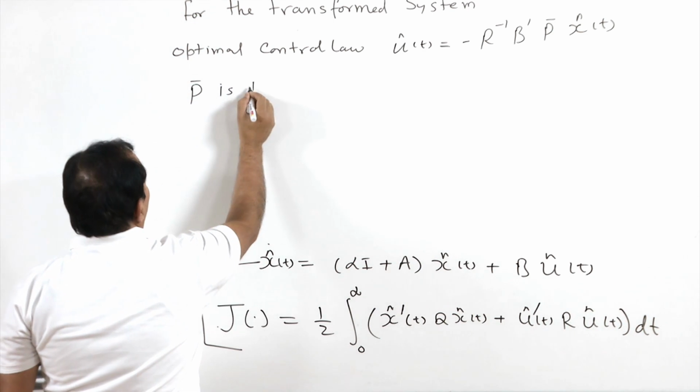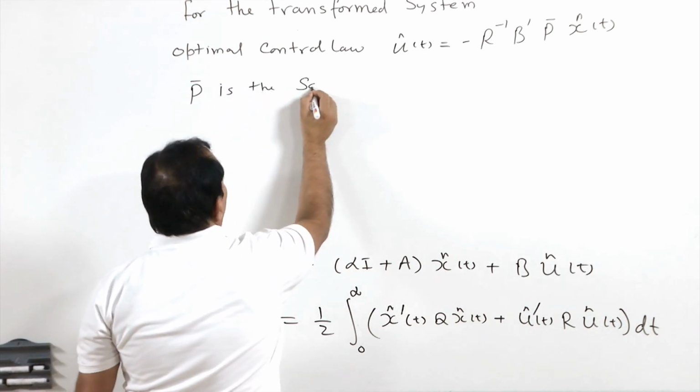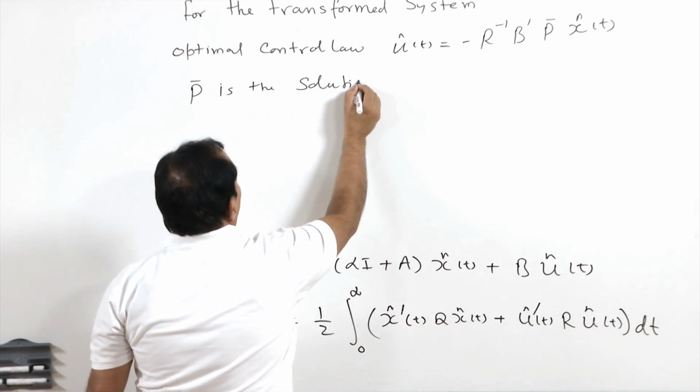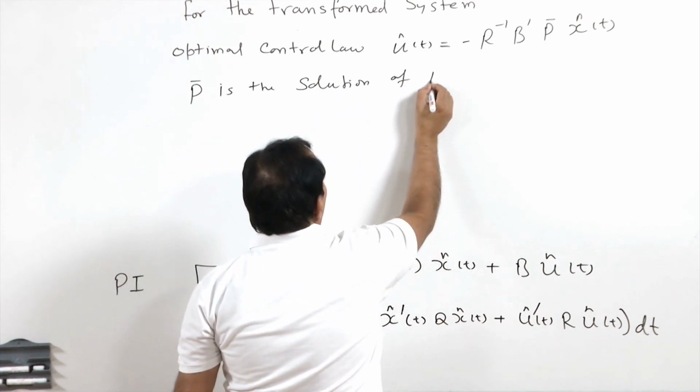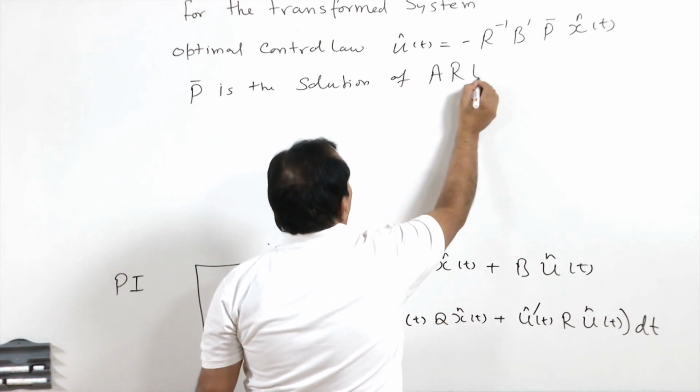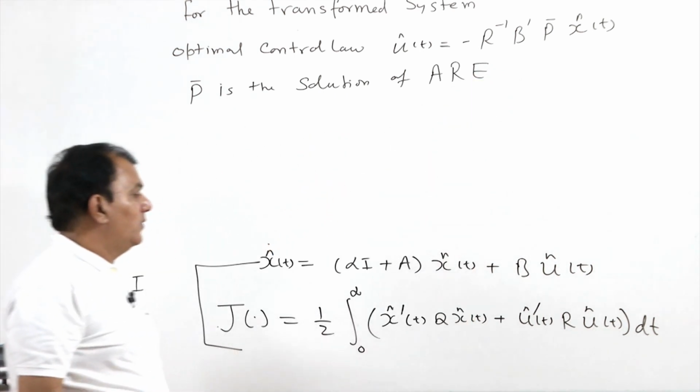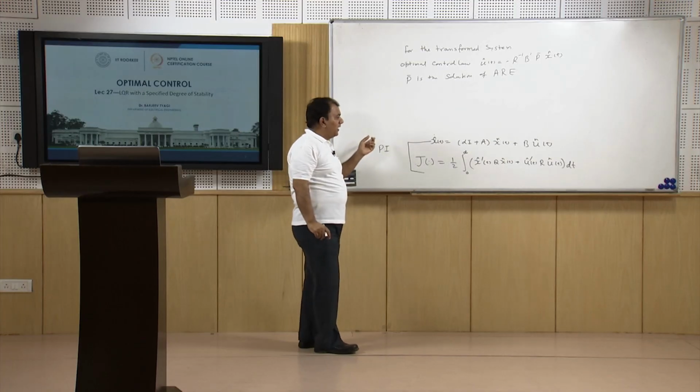where P bar is the solution of my algebraic Riccati equation. And what will be the algebraic Riccati equation?